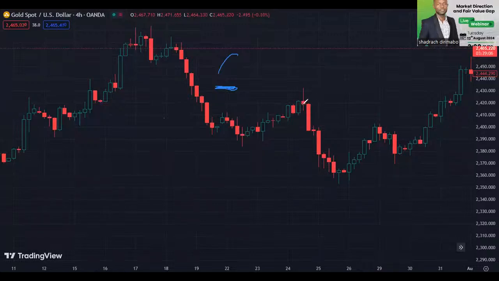Remember, for a fair value gap to be created, we have to get one candle on the left and one candle on the right. But where it begins, there used to be a mother candle. If the mother candle is standing side by side with the candle on the left-hand side, then here becomes our gap.